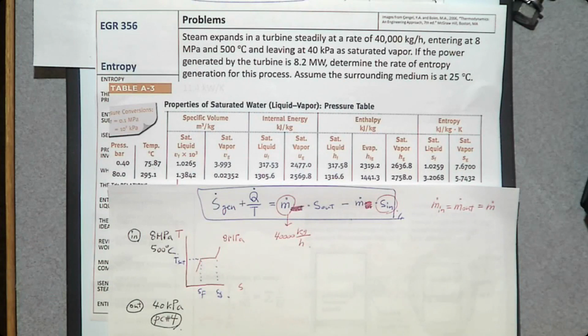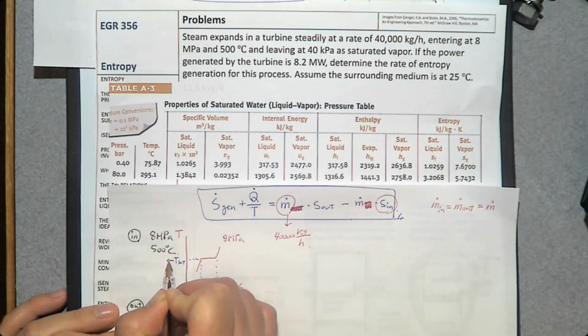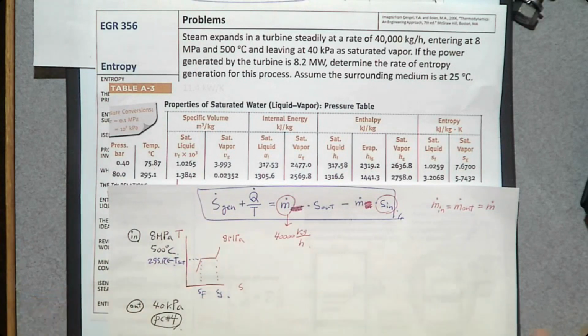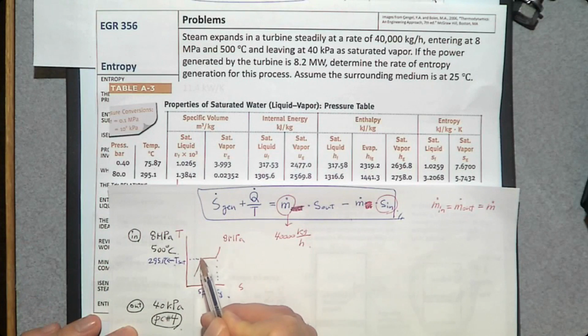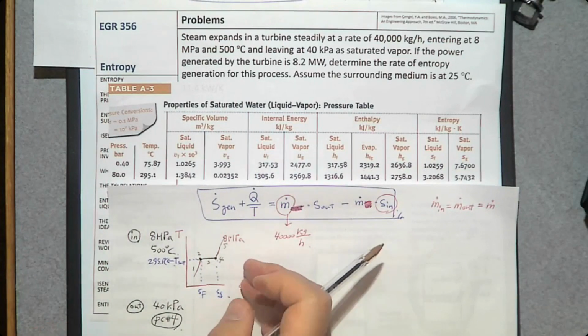So T sat is 295.1. By the way, on this T-S diagram, this one is compressed liquid, number 1, saturated liquid number 2, saturated mixture number 3, saturated vapor number 4, superheated vapor number 5.